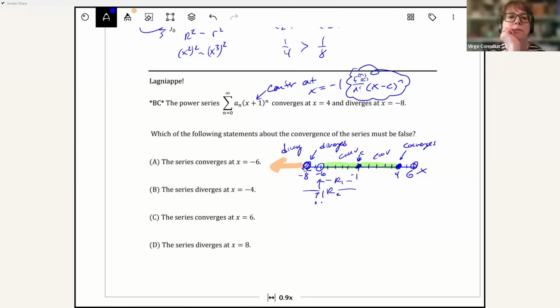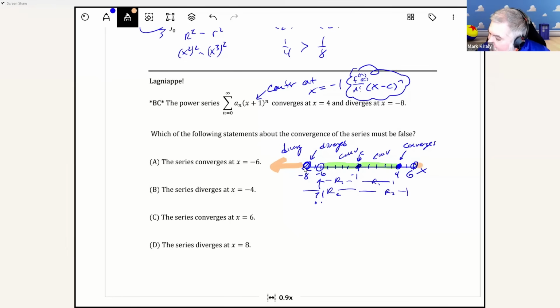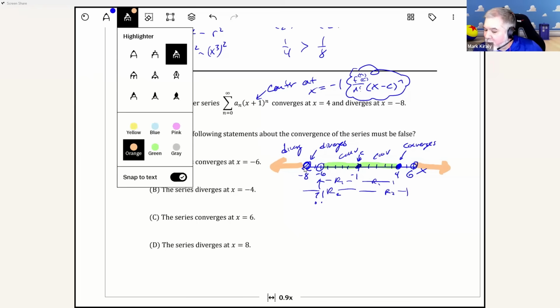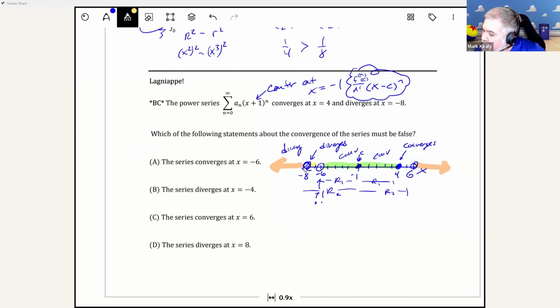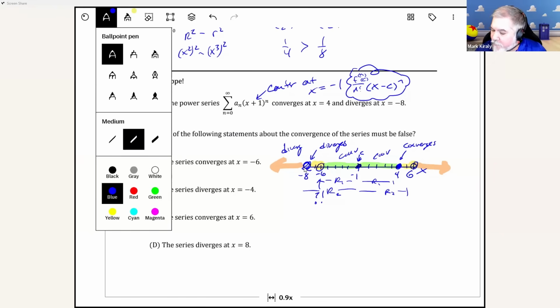It's got two potential radii. And we don't know which one's right, but I know that outside that it has to diverge. Same idea that if -8 is the endpoint, then everything that's farther than 7 away from -1 is going to diverge. And then we've got the questions: -6 up until -8, and just past 4 up to 6 are our question marks. We just don't know.